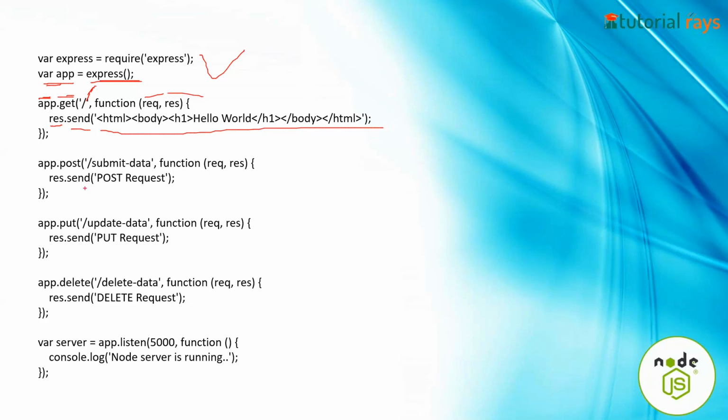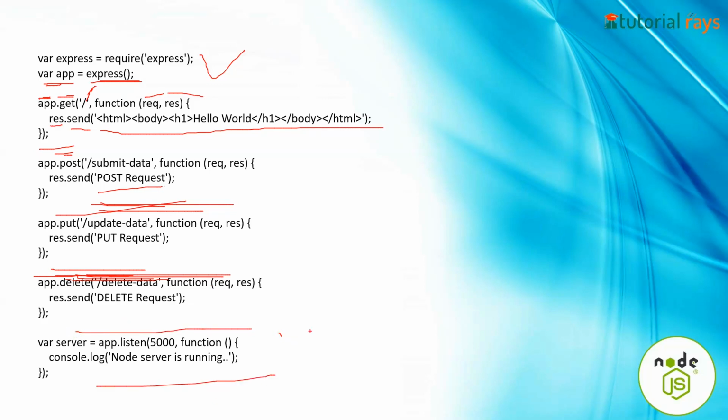Similarly, the post method shows a post request when the button is clicked. Put is for modifying; we will use this later, so don't worry if you are unable to understand at this point. Then app.delete is the method we call when we delete a record. And finally, app.listen, and the server is running.